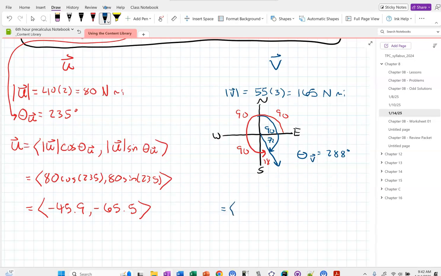I'll do the same formula now over here. So I have 165 cosine 288, comma 165 sine 288.